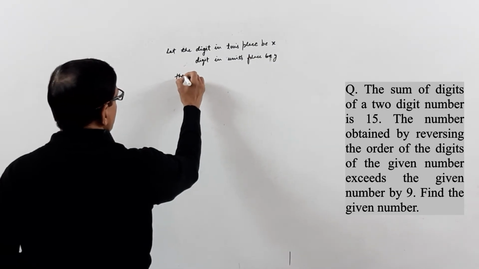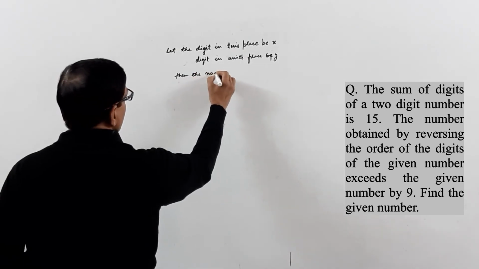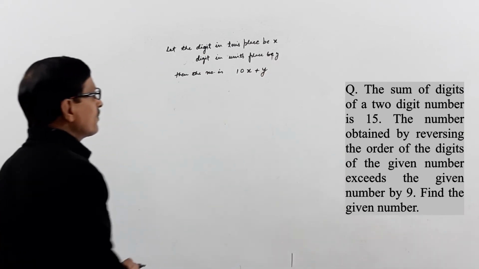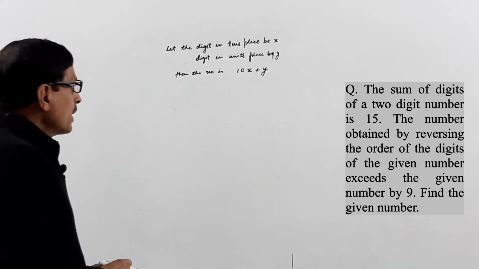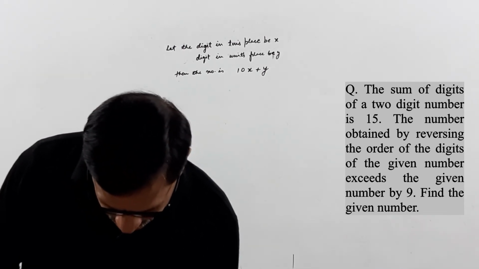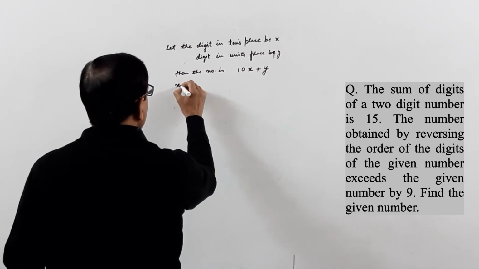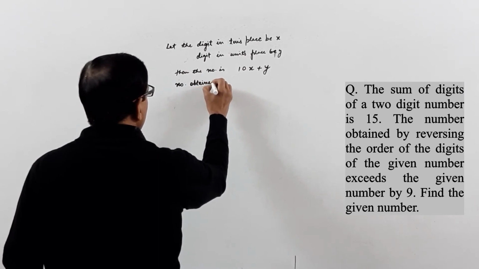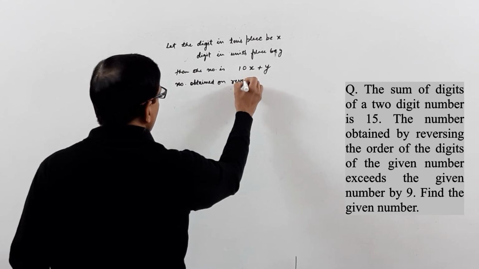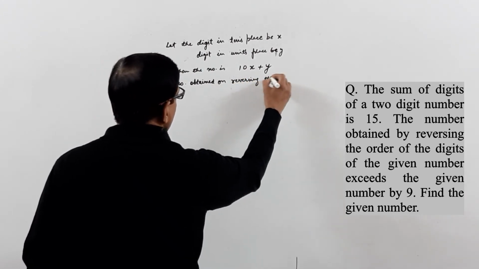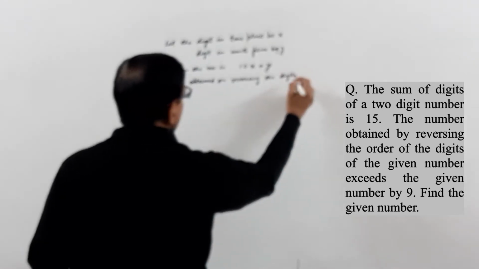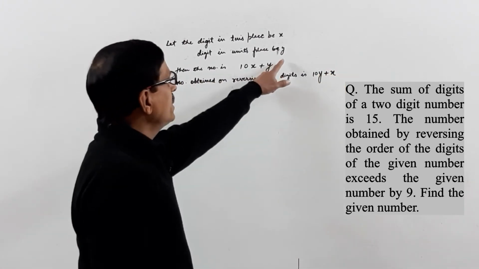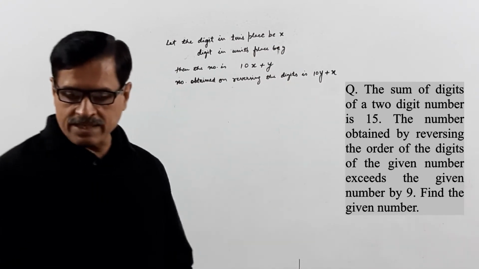Then the number is 10 times the tens digit plus unit digit, and the number obtained on reversing the digits is 10 times of y plus x, because y goes in the tens place and x in the units place.